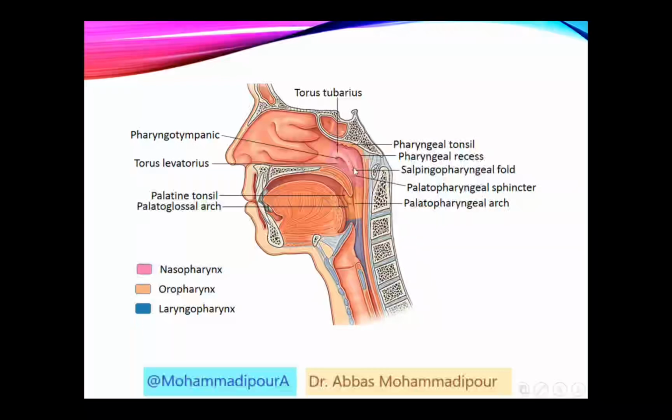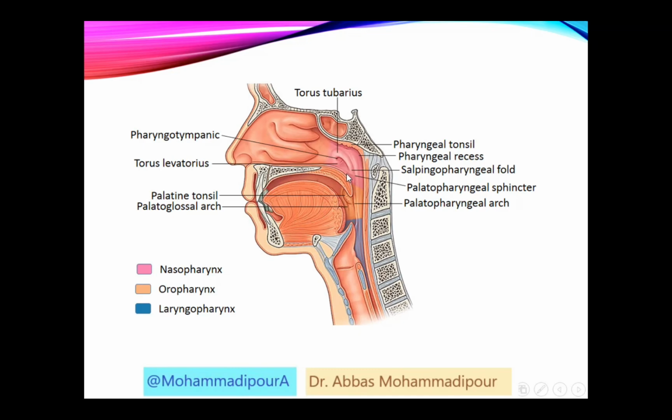In addition, we've got a ridge in the lower part of the nasopharynx. It's here. Can you see? This ridge during swallowing is formed by contraction of the superior constrictor muscle and acts as a sphincter. Because of that, it's called palatopharyngeal sphincter. Why palatopharyngeal?